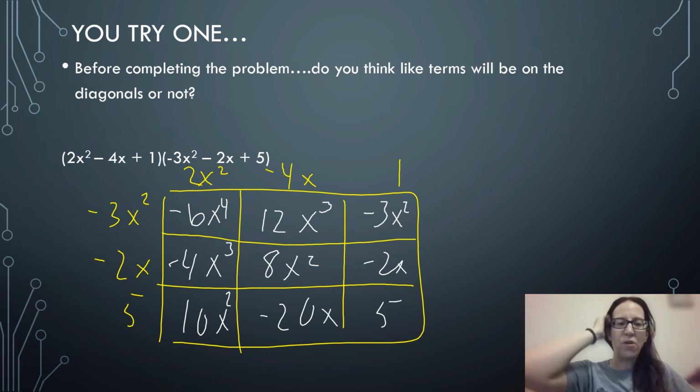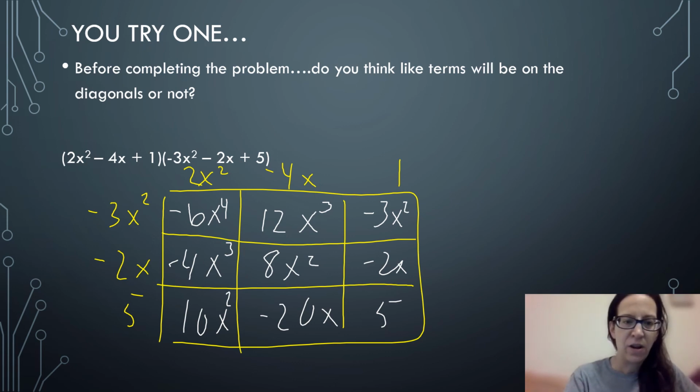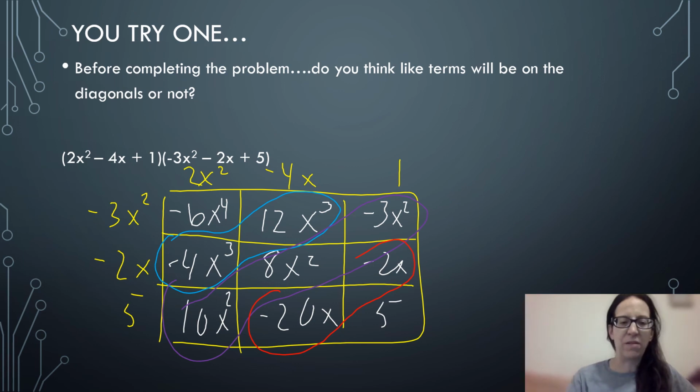And then you might notice that, yes, your like terms are on the diagonals here. So you have your x to the thirds, and you have your x squareds, and you have your x's. I'm being a little sloppy with that.